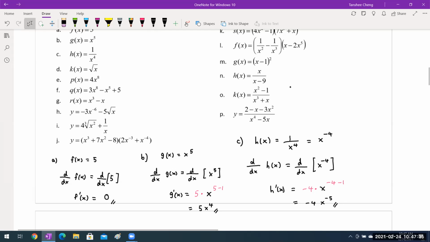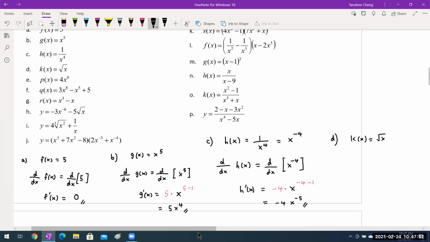D, the function k of x is equal to what? Square root of x. Like before, we may rewrite this function because we don't have a formula for the derivative of a radical. So we can rewrite it with rational exponents, 1/2 power. So this becomes the derivative with respect to x of k of x, and when we take derivatives on the other side, x to the 1/2 power.